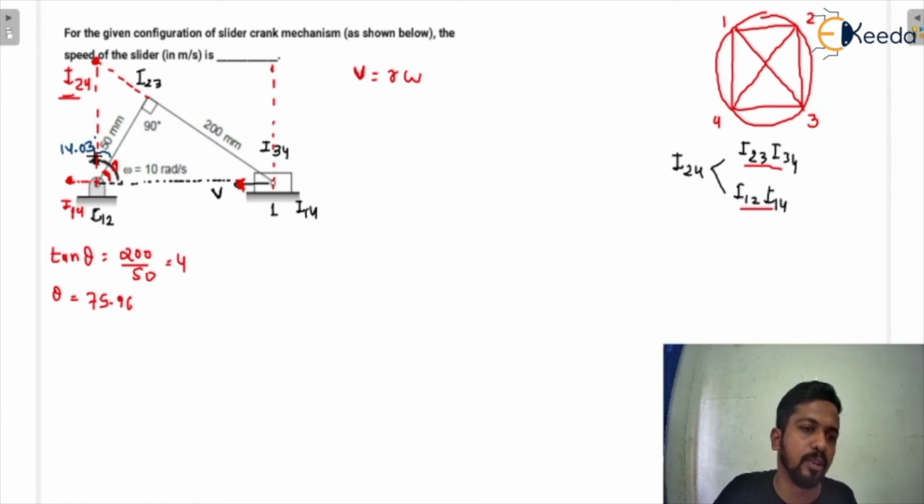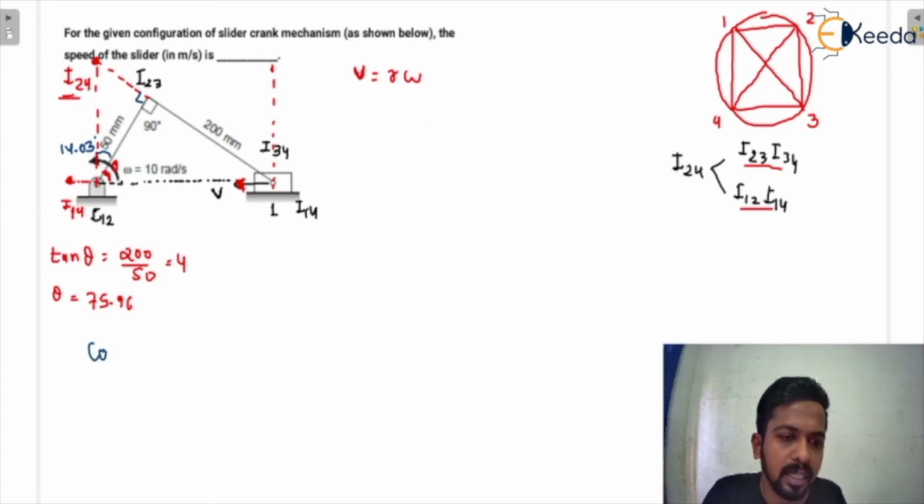Now if this is 14.03 degrees, this would also be 90 degrees. So we can calculate this length, because 50 is given. What am I going to apply? I'm going to apply cos theta, that is cos 14.03, which is base upon hypotenuse.